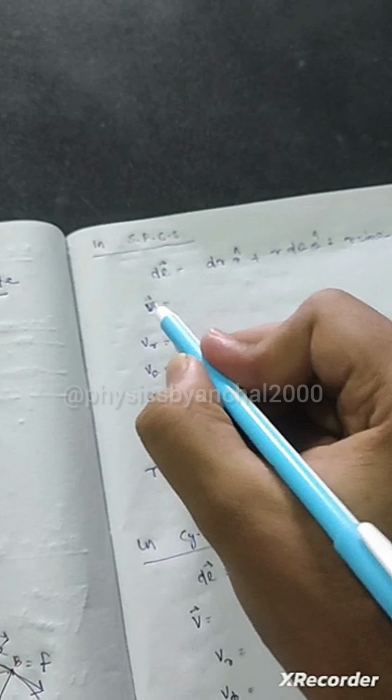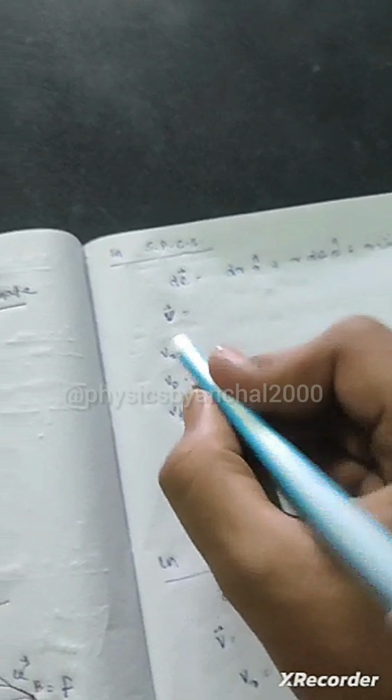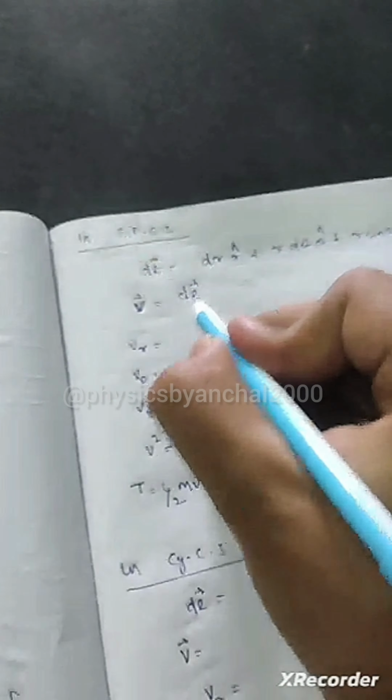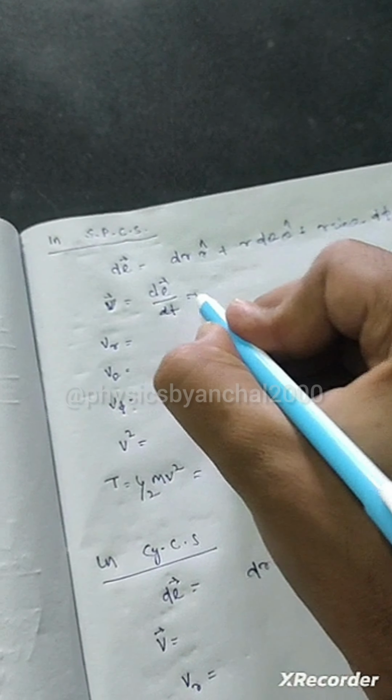Now, what is velocity in the spherical polar coordinate system? You know velocity is equal to dl by dt. Then what will it be?